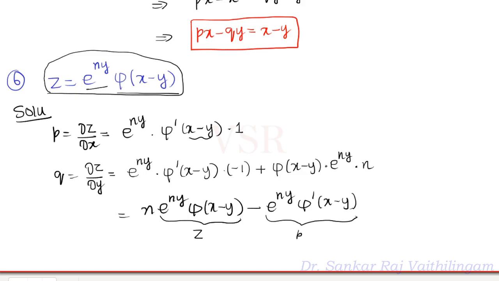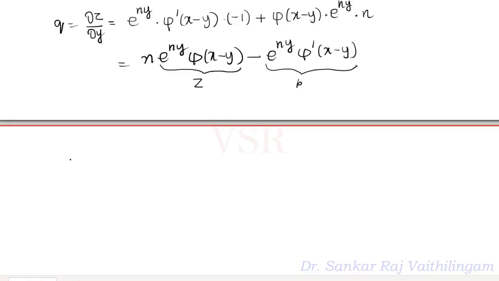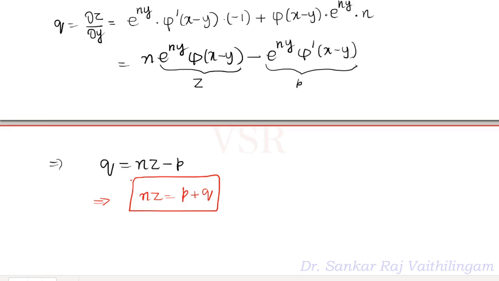So அப்போ இதுல இருந்து என்ன தெரியுது அப்படின்னா this implies that q which is equal to nz minus p. அப்போ what is the answer solution? This implies that nz which is equal to p plus q. So this is my answer. Okay, so this is the sixth problem. Okay, and we'll go for the seventh problem.